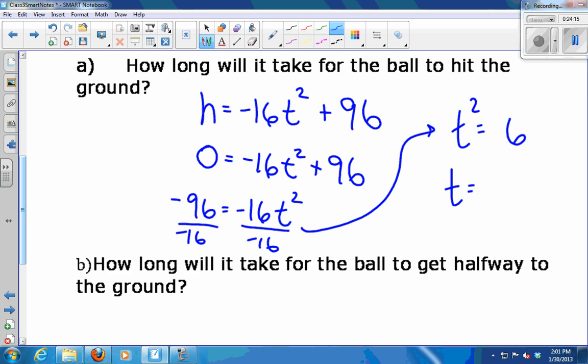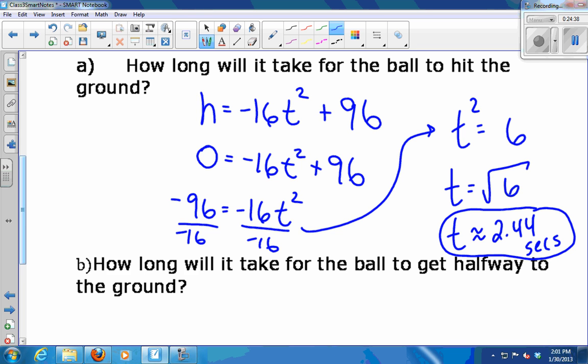So t is square root of 6. Why aren't I writing plus or minus? Because you don't go backwards in time. Good. And the square root of 6, you could type in your calculator, and it's approximately 2.44 seconds. So it would take almost 2.5 seconds for the ball to hit the ground.